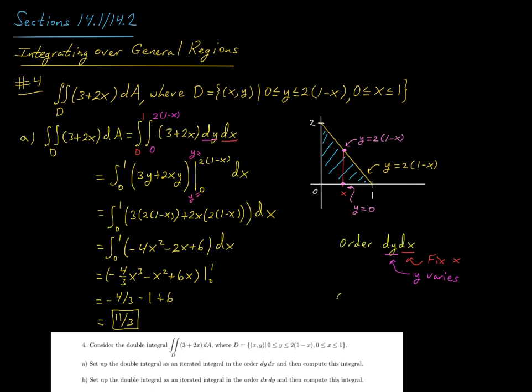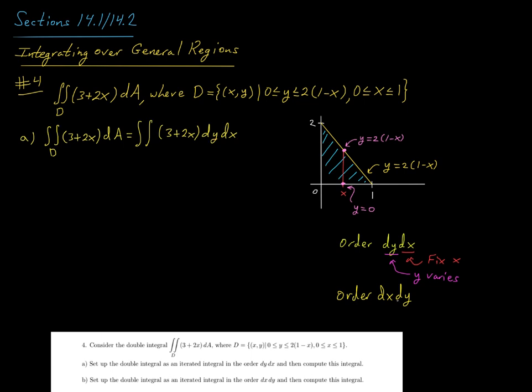If I'm going to switch and say, let's now do the order, say dx dy, well, now we'll first fix a y, and we're going to let x vary first.